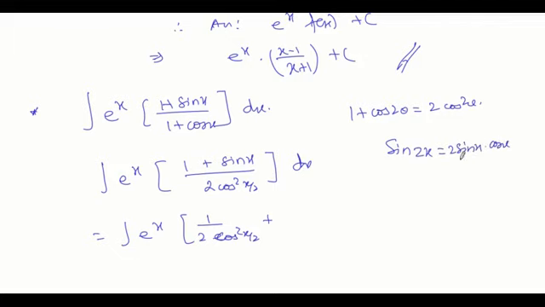If it is sin x, 2 sin x by 2 cos x by 2. So I am going to write 2 sin x by 2 into cos x by 2 divided by 2 cos square x by 2 dx. So now here this 2 gets cancelled, and one cos x by 2 will get cancelled.